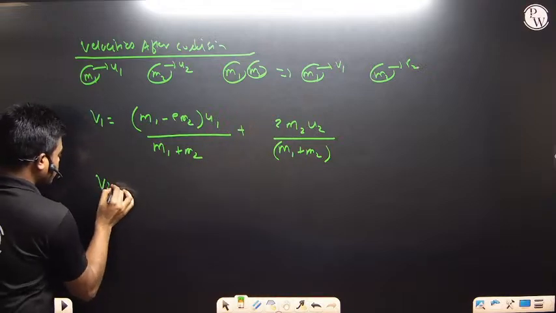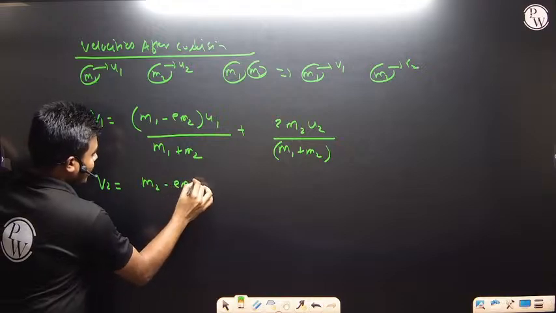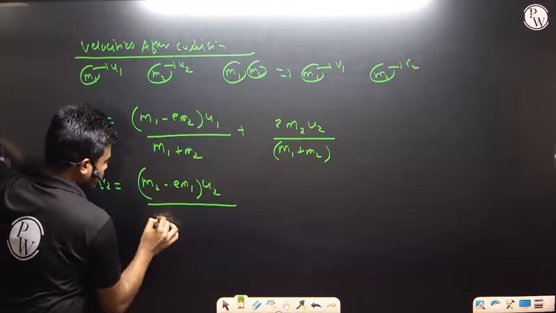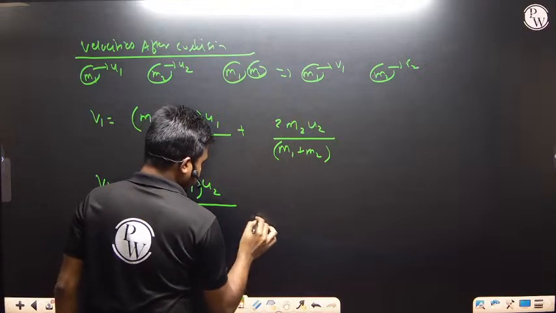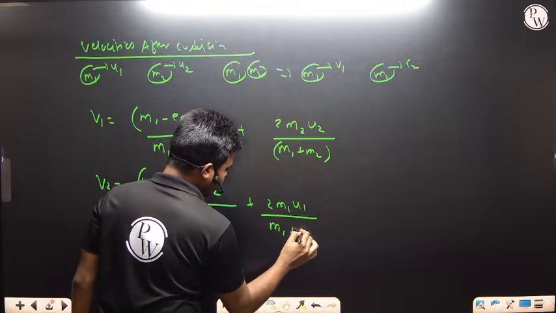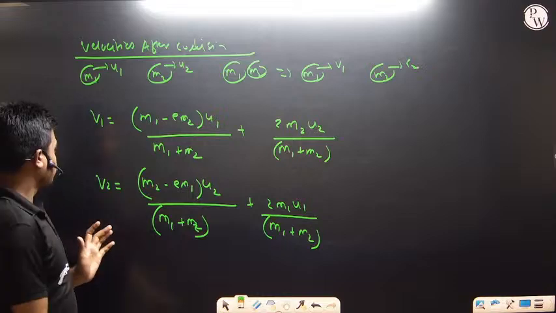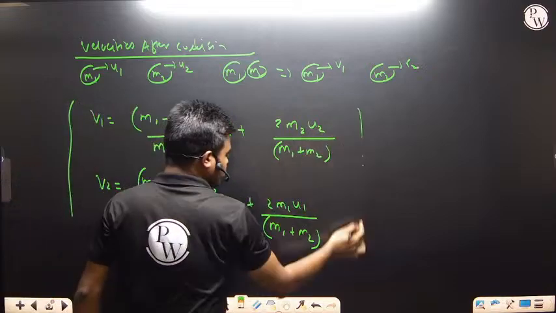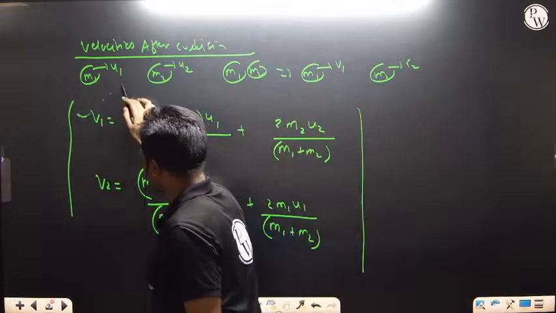Correspondingly, v2 equals (m2 minus e m1) u2 divided by (m1 plus m2), plus 2 m1 u1 divided by (m1 plus m2). These are the velocities after collision, and e is the coefficient of restitution. If you know the formula well, we can solve the problem quickly.